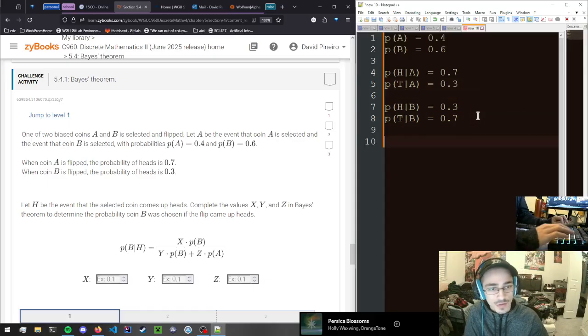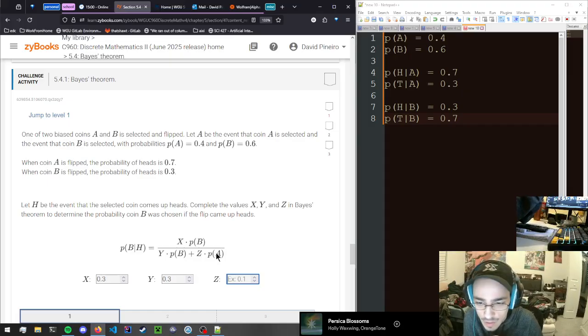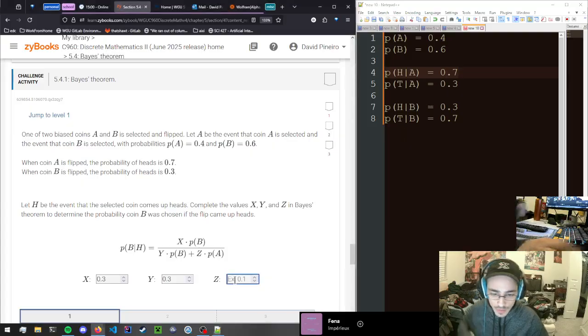So that's all that. So here we put heads given B. Here we put the same thing. And here is kind of weird actually. What are they talking about? So this is A is equal to not B. So we're putting the A. So this is 0.7.